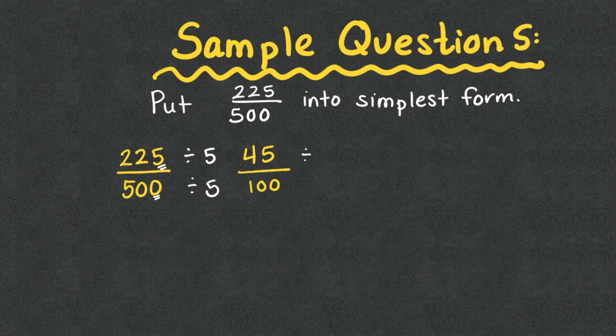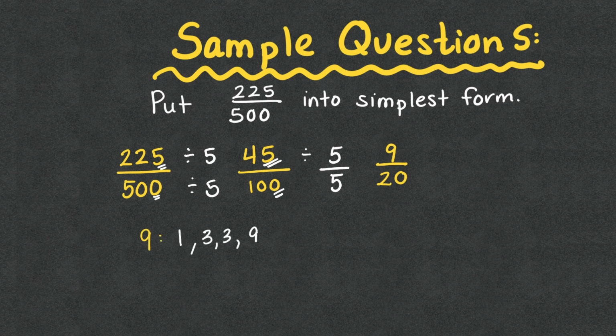I also know, again, that these end in a 5 and a 0, so 5 is still going to work. So I'm going to divide both of these by 5 again. So that's going to give 45 divided by 5 is 9, and 100 divided by 5 is 20. These are much smaller, more manageable numbers to check to see if it's in simplest form. So if we look at the factors of 9, we have 1 times 9 and 3 times 3.